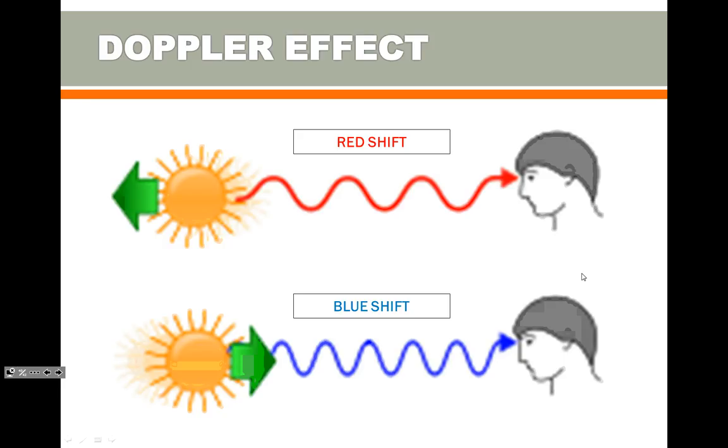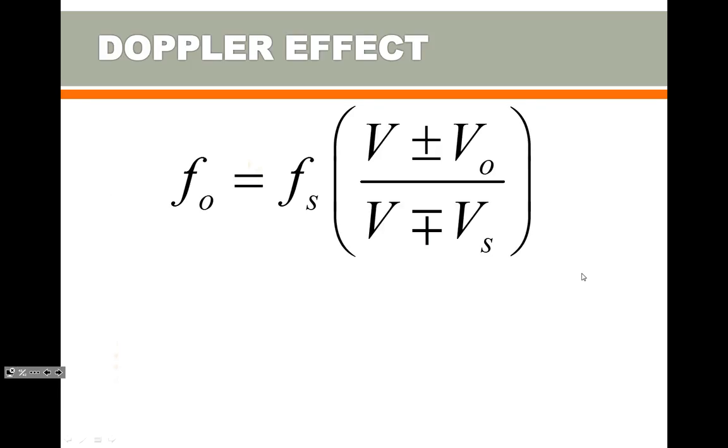You get a bluish tint to things. Now, that doesn't mean that when green light's coming at you, it's going to look blue. Now, it may have a bluish tint to it. That's just a phenomenon of the Doppler effect when waves are moving towards or away from each other.